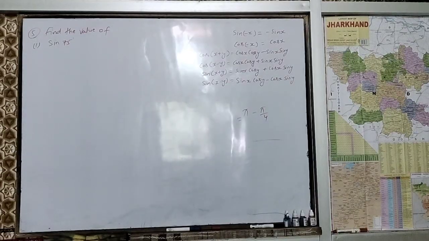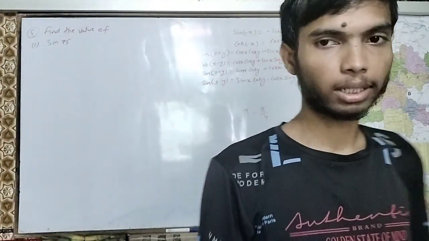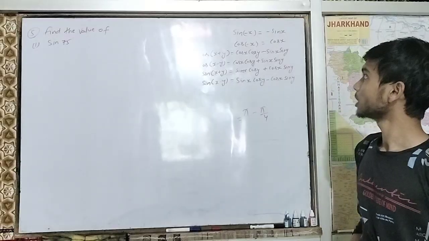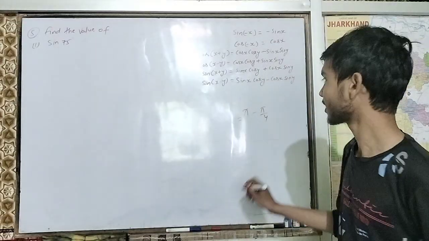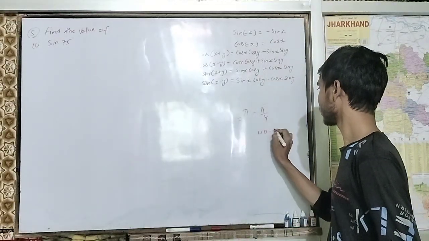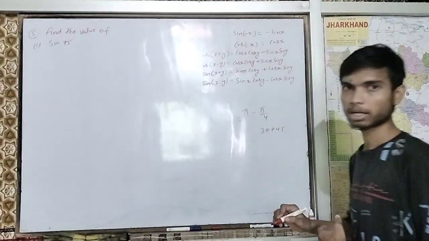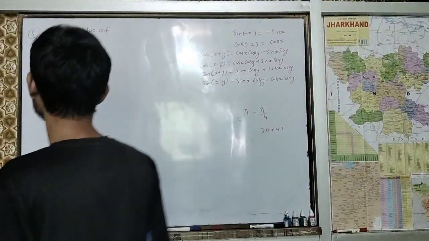So if a trigonometric function is coming like that, in that case you can use a trigonometric identity. Here I think this is a sum of 30 plus 45. Am I correct? Yes, this is correct.